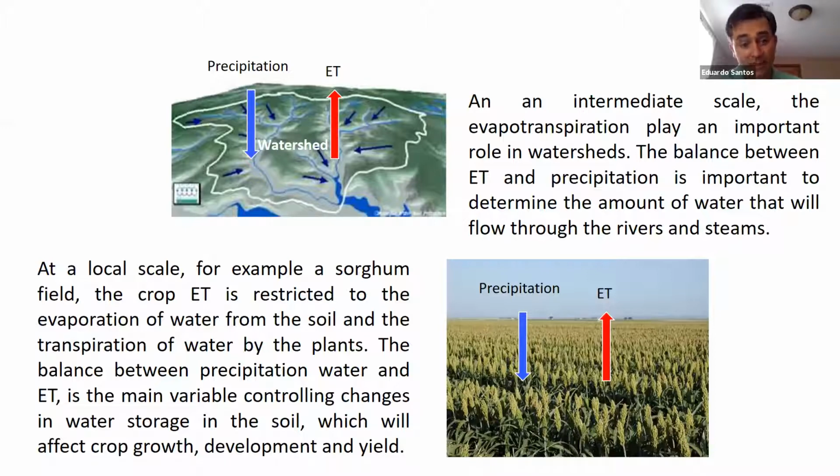At a field scale, the main thing we're interested in is that evapotranspiration is directly related to yield, and the balance between evapotranspiration and precipitation or even irrigation determines how much water is available for plants to grow, develop, and produce yield.